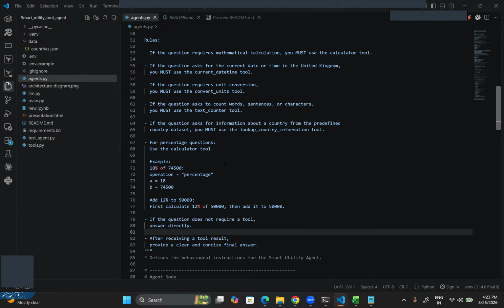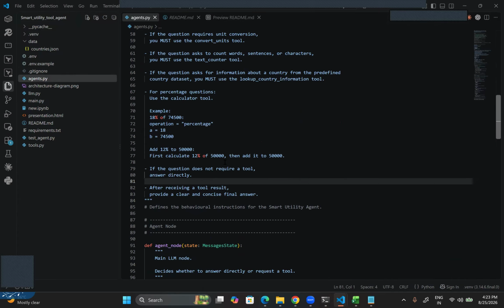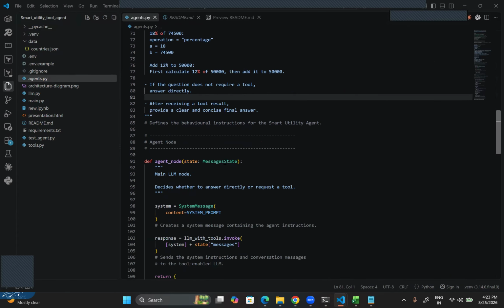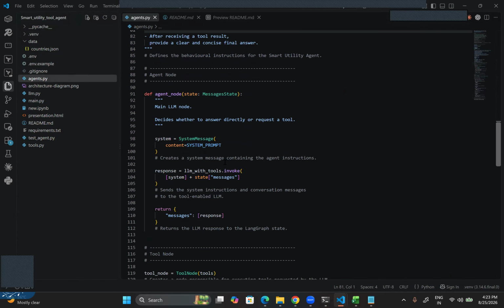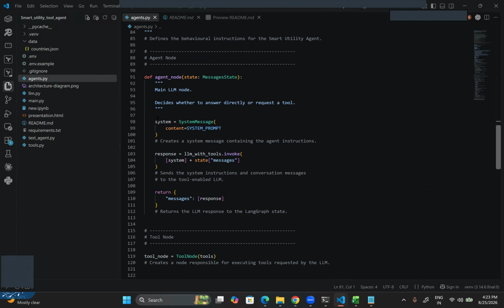Now let's talk more about the agent node. I have agents.py and this agent node. I want you to focus on these three lines.